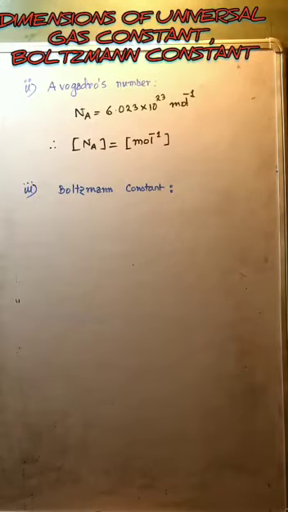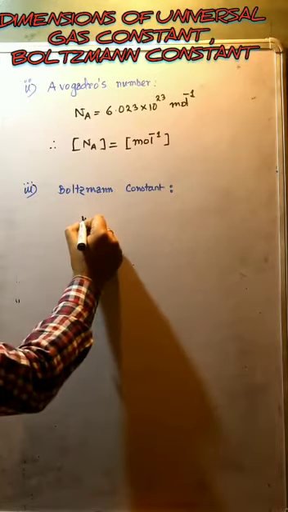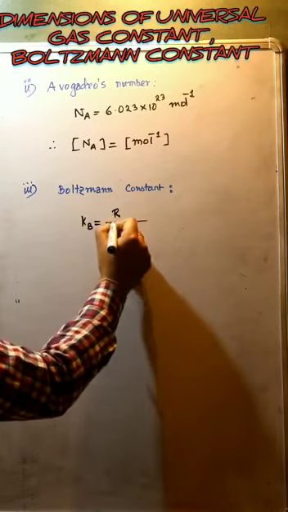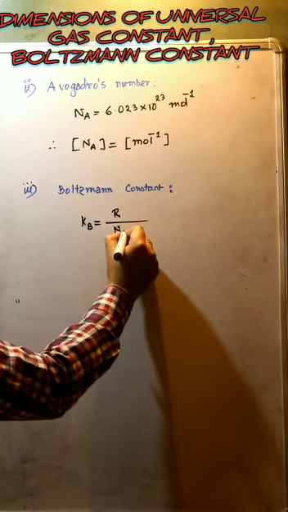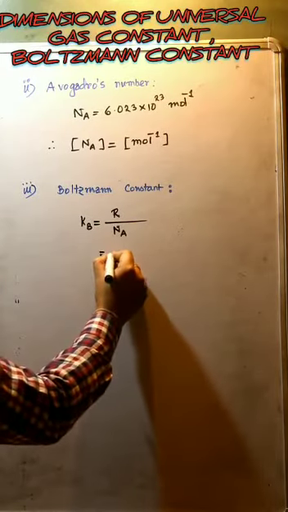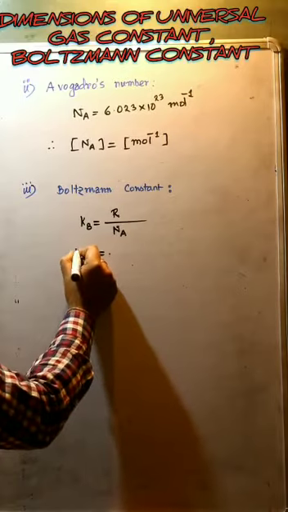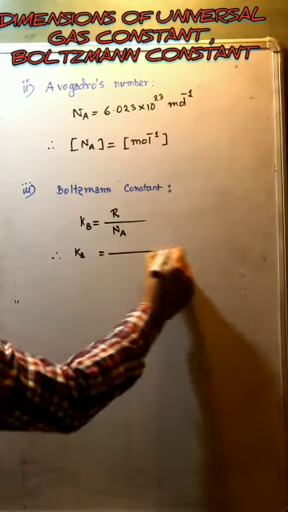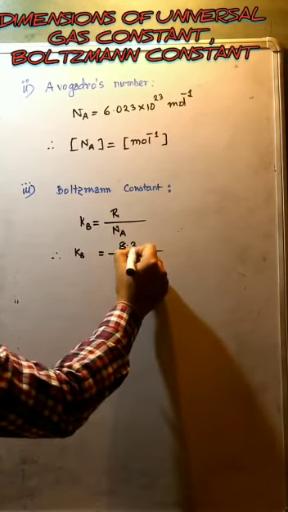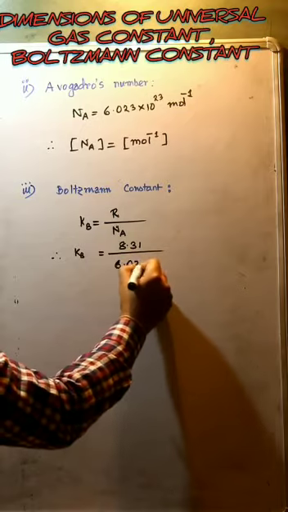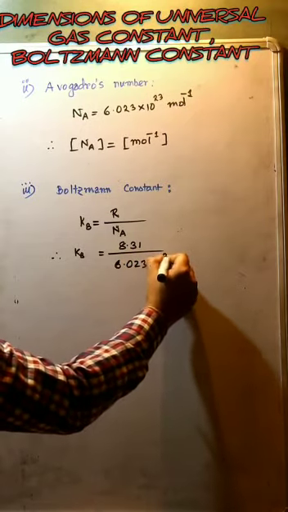What is the dimension of Boltzmann constant? We know that Boltzmann constant k is the ratio of universal gas constant and Avogadro's number. If we put the value, R is 8.31 and Na is 6.023 into 10 to the power 23.